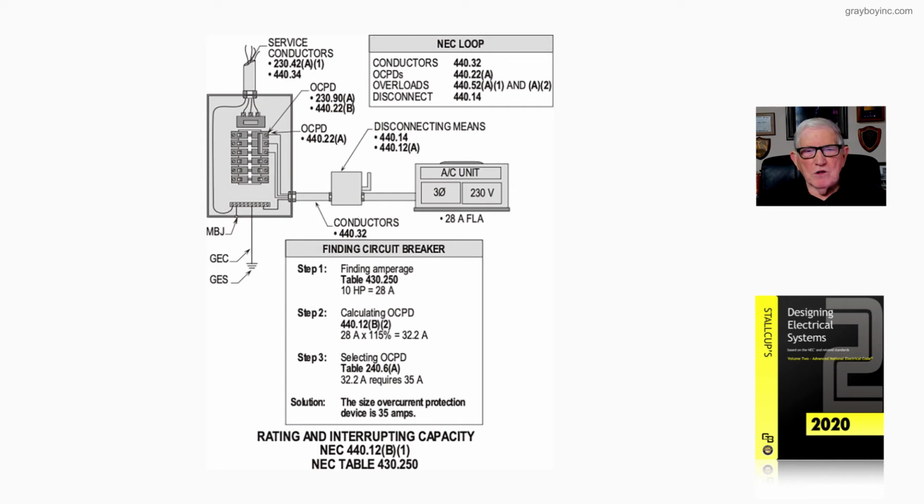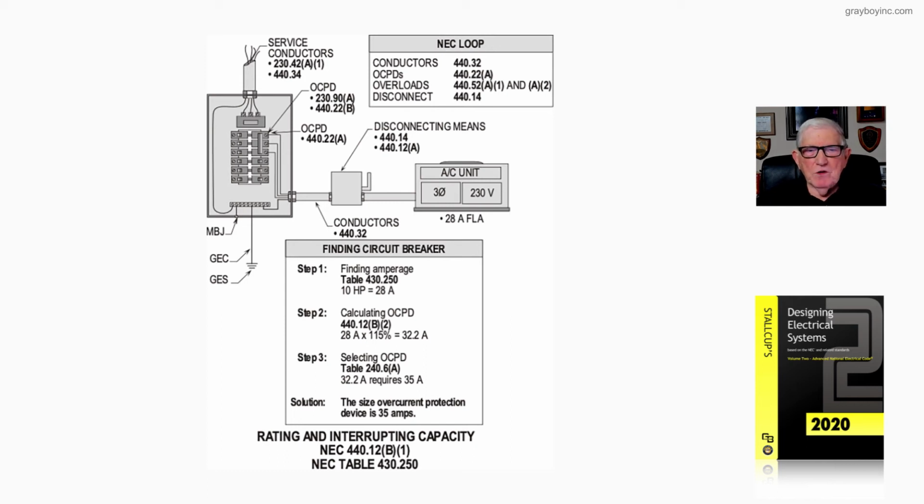So 10 horsepower equals 28 amps, or 28 amps requires 10 horsepower, as step 1 shows in the application of table 430.250, where you use the 28 amp and then line it up in the 230-volt three-phase column and select your horsepower as you horizontally scroll across to the horsepower rated column.